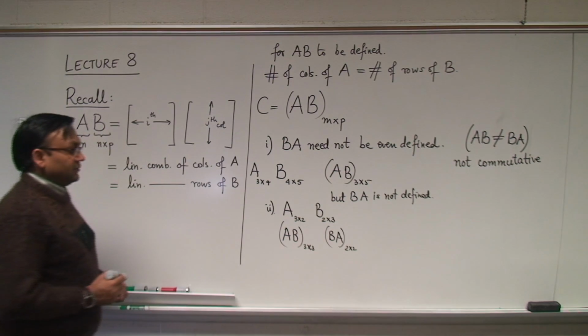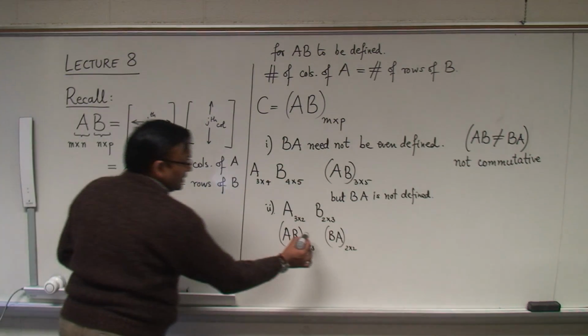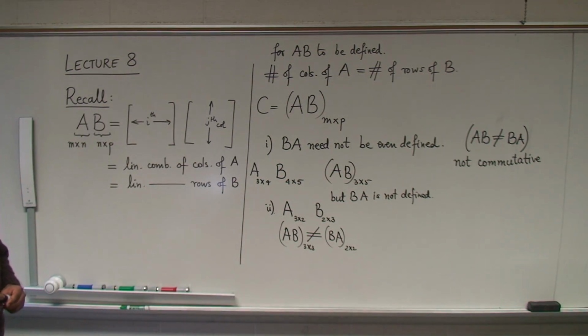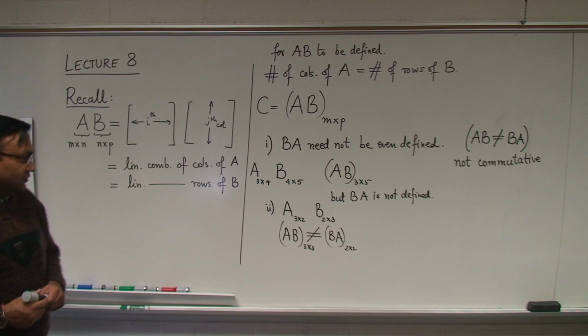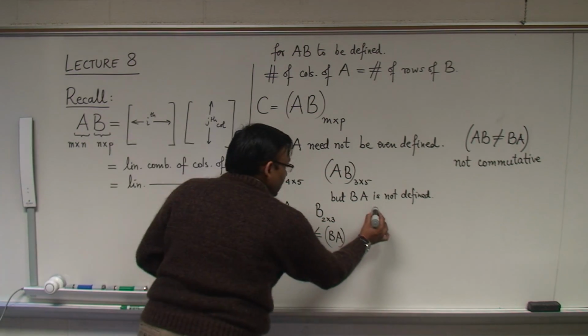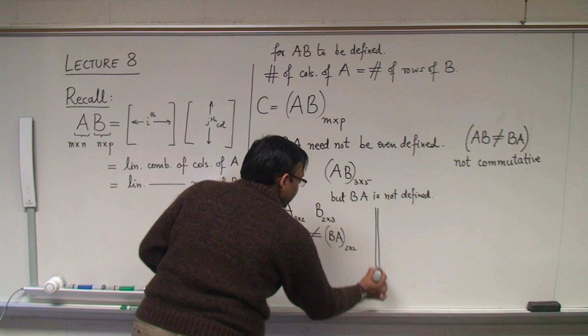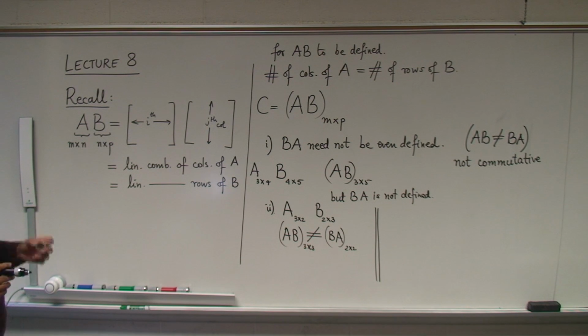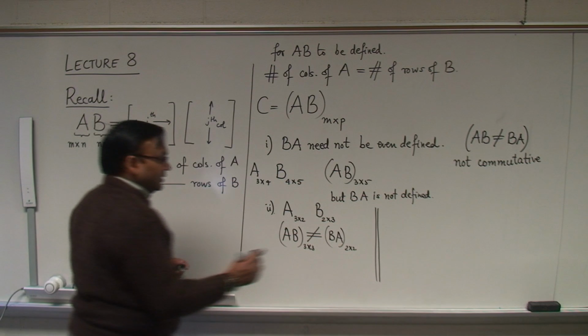So both of them are defined, but as you can see, because of the difference in size, AB will not be equal to B times A. So in some sense, commutativity is not lost just because B times A is not defined. Even if B times A is defined, it could still happen that the two matrices are not the same. So then one may ask a question, what if both AB and BA are of the same size? Can it be true that A times B will always be equal to B times A?